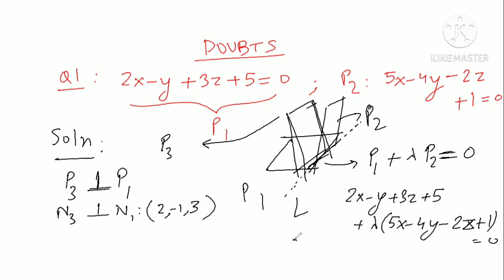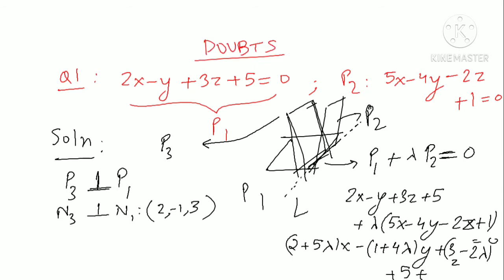If we rearrange the terms, this becomes (2 plus 5 lambda) into x, then minus (1 plus 4 lambda) into y, and (3 minus 2 lambda) into z, and the constant term will be 5 plus lambda, so 5 plus lambda equals 0.